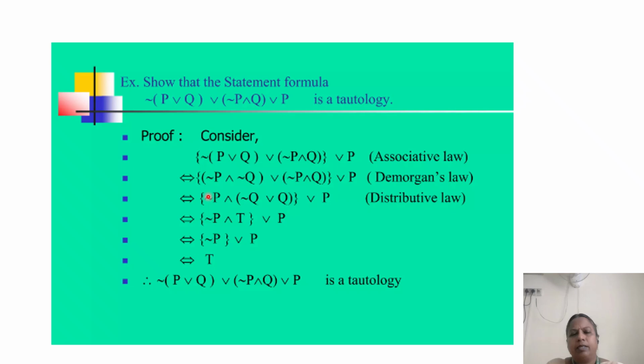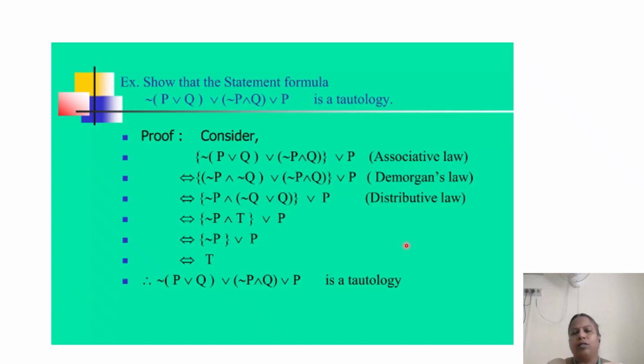So we take ¬P ∧ (¬Q ∨ Q) by the distributive law, combining these two, or the third term P we take as it is. So ¬P ∧ true, because Q or ¬Q is true, or P. So ¬P ∧ true is ¬P, or P. So ¬P ∨ P is true. Therefore, it is a tautology.